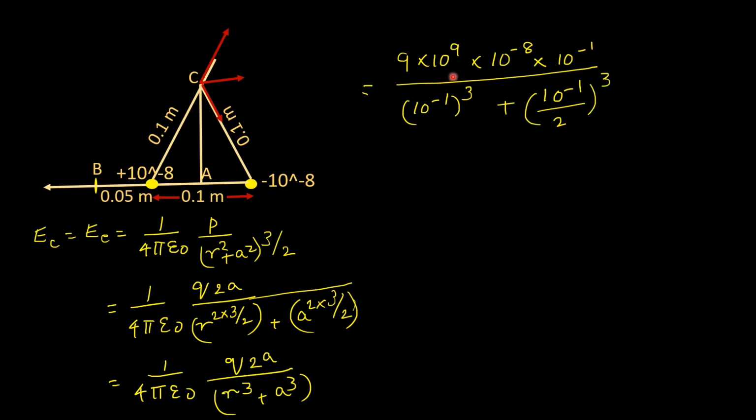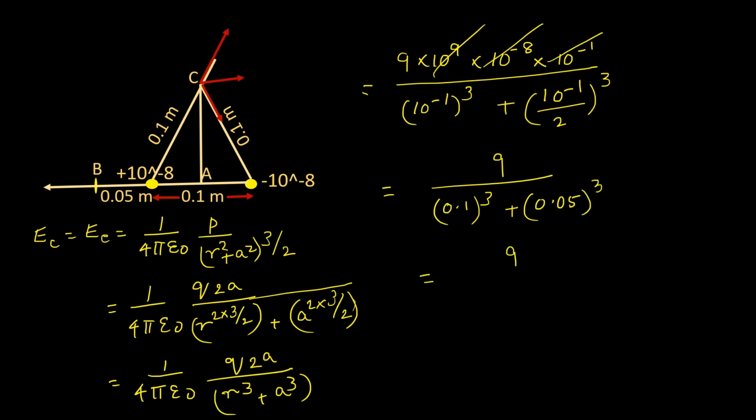Look at this equation, 10 raised to 9 and this 10 raised to minus 8 and 10 raised to minus 1 get cancelled. So it becomes 9 by 10 raised to minus 1 is equal to 0.1 raised to 3 plus 0.5 into 10 raised to minus 1 is 0.05 raised to 3. This becomes 9 by 0.15. These two quantities are added up. The whole raised to 3.